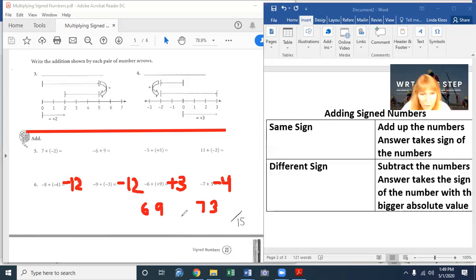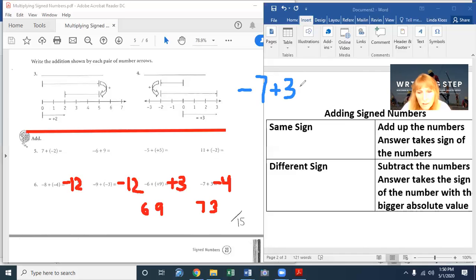Another way to look at this, and a lot of people like to do this, this seems to help a lot of people because you're very familiar with money usually. So if I had -7 plus +3, I like to think of negative as being in the hole, that you owe somebody money, okay? So the negative, think of it as owing money. The +3 is saying that you have money in your pocket.